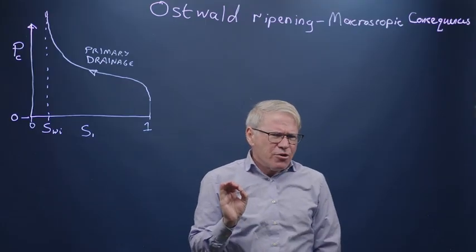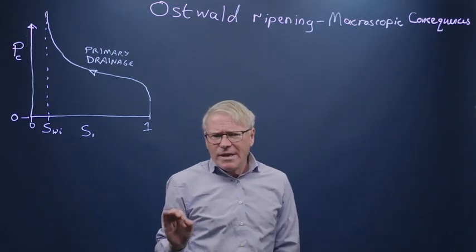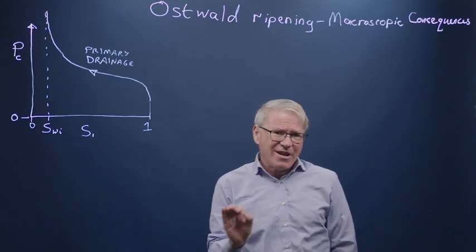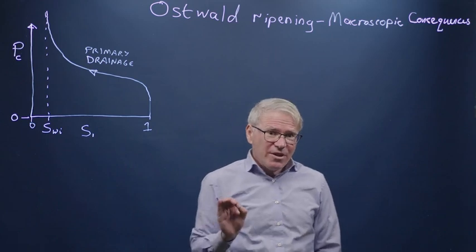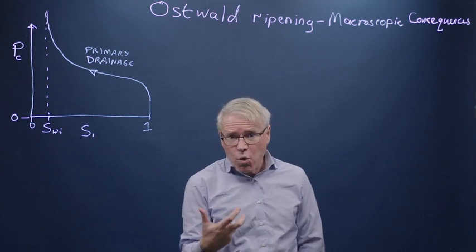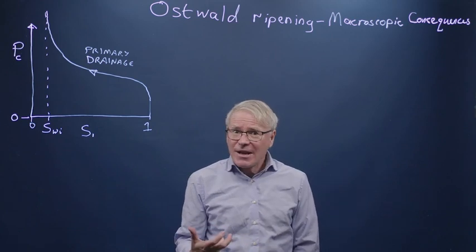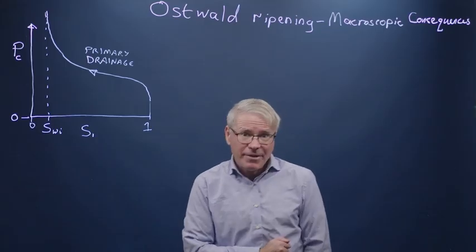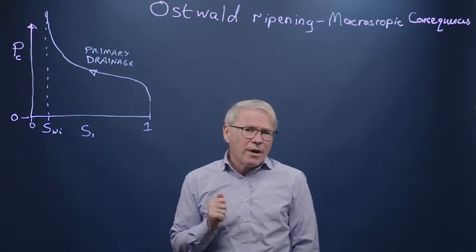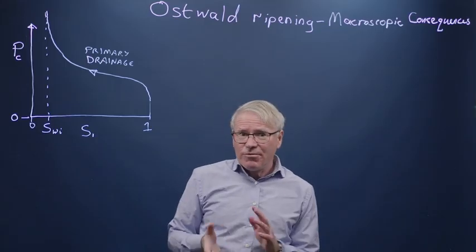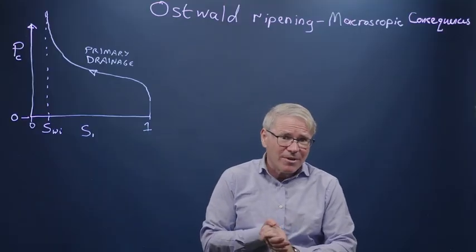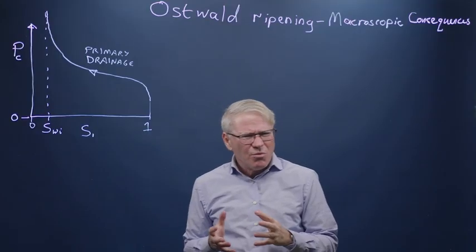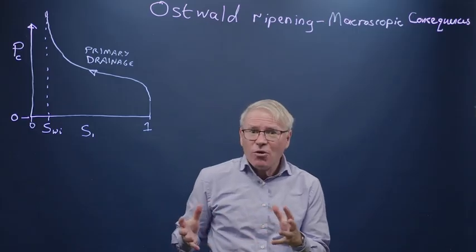However, those experiments are not waiting months at every stage. So we're going to assume that these experiments are done sufficiently quickly that in fact Ostwald ripening does not have an effect. Or you're not using gases, but you're, for instance, using an oil water system, or maybe even a mercury vacuum system, where Ostwald ripening is not going to be effective.